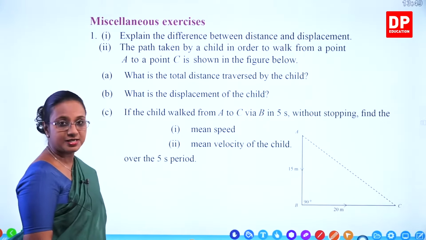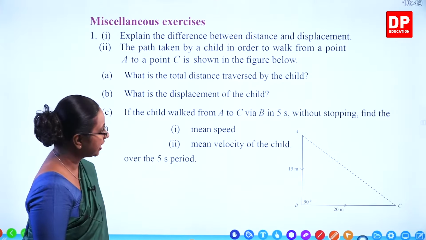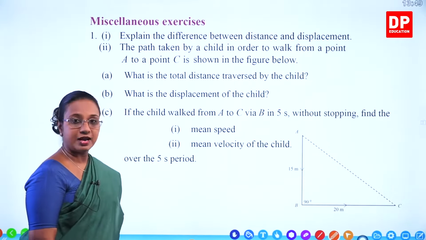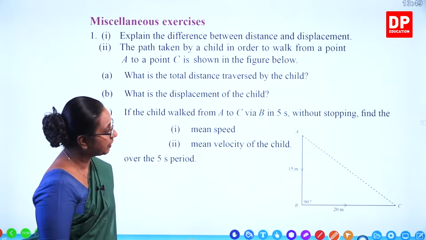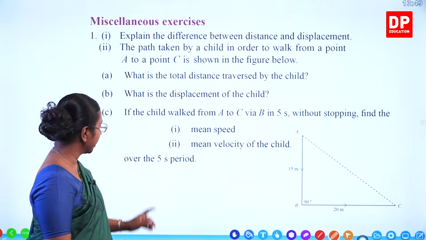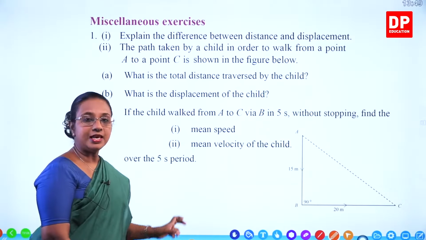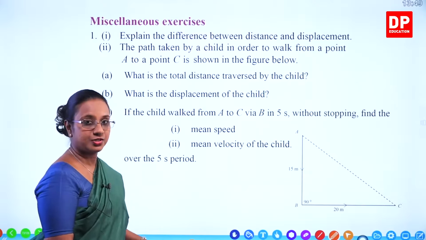What is the displacement of the child? If the child walked from A to C via B in 5 seconds without stopping, find the mean speed, mean velocity of the child over the 5-second period. So now we will see how we can answer these questions.